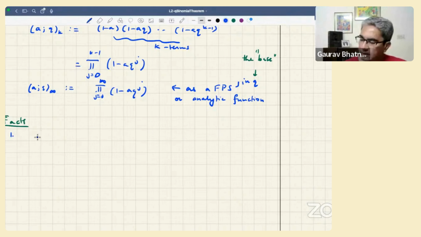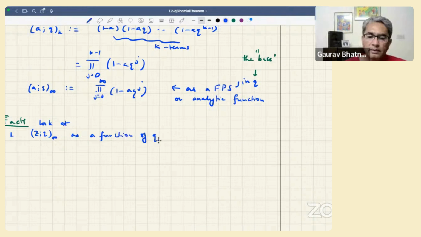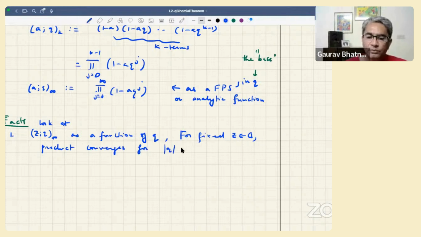If we look at (z;q)_infinity as a function of q, then for fixed z, some complex number, this product converges for absolute value of q less than 1.